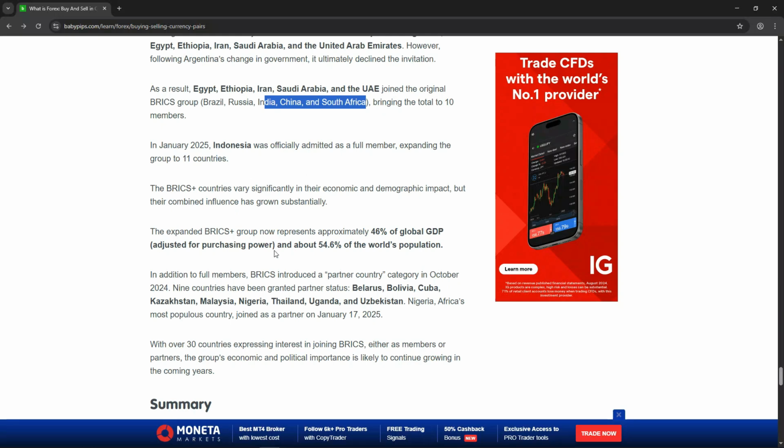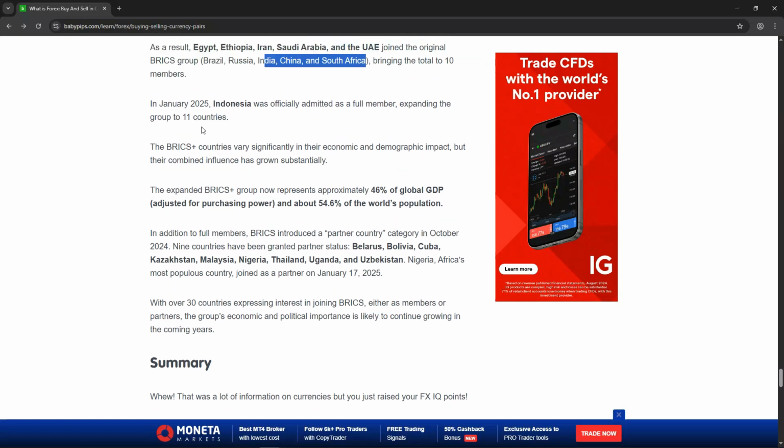And because of this expansion, BRICS Plus now represents a significant portion of the global economy and population. So finalizing about BRICS Plus, you can say that it is a growing group of major emerging economies that are becoming more influential in the world.